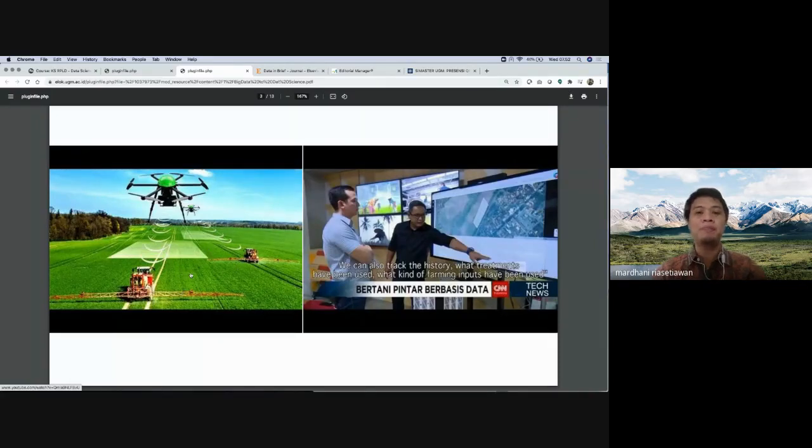Of course, we will think about, let's say, drone images, and sensors that we implant in the plants. We gather data from sensors in the water channel, and also temperature, humidity, maybe wind speed, and other things. It means we will deal with a lot of technology that helps us do data acquisition.